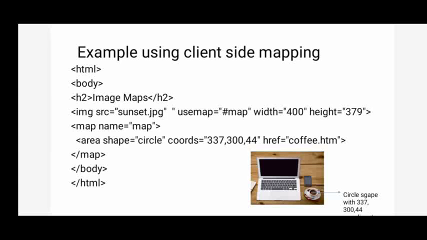You will move to coffee.html. Understood? So from the left, I have created some clickable area, and when you click on that area, you will move from the current document to coffee.html. Here the clickable area is a small cup and saucer. When you click on that cup and saucer, you will go to coffee.html.